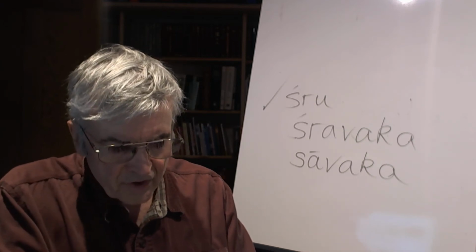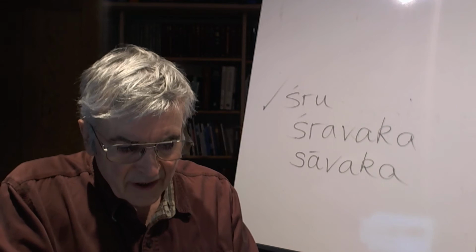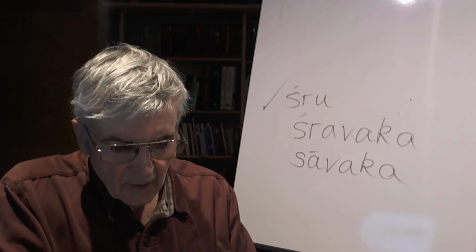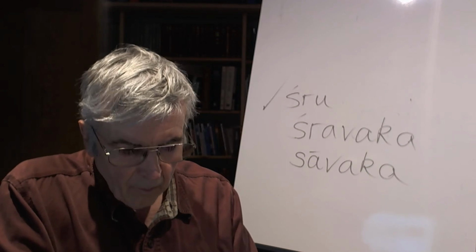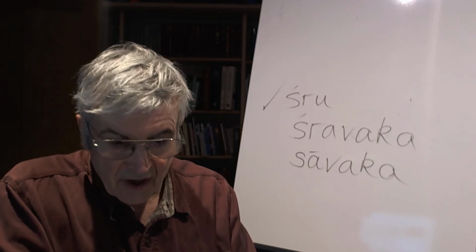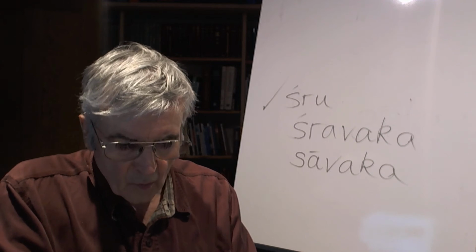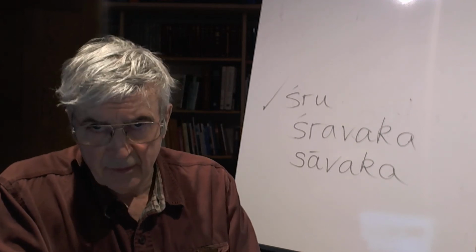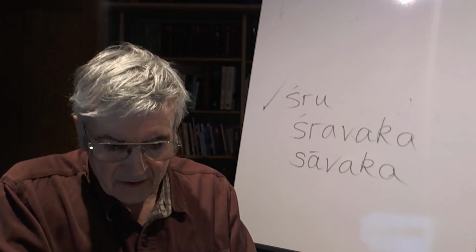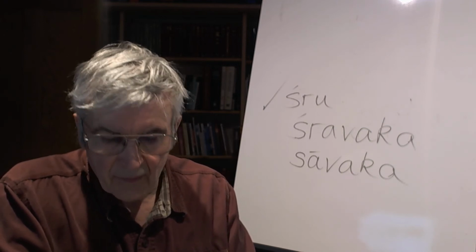Sentence 2. Puriso puttena saha deepam dhavati. So Puriso, the man, puttena saha, with son, but presumably it means with his son. Deepam dhavati. Dhavati, he runs.